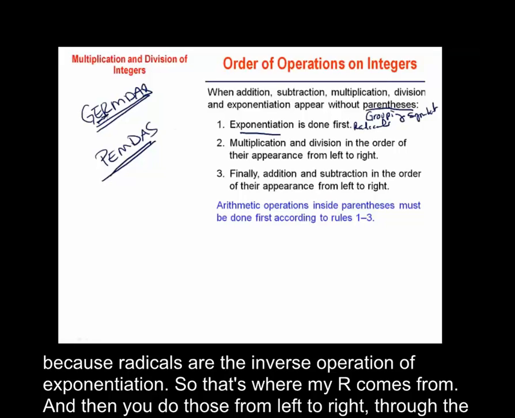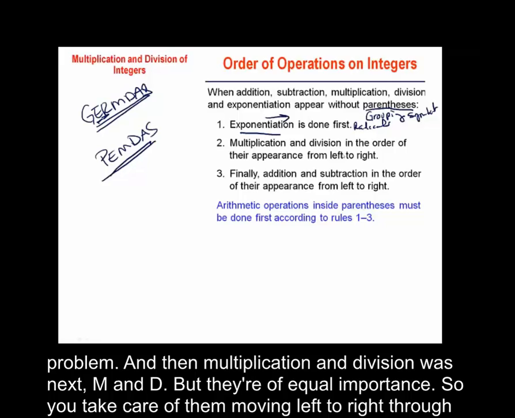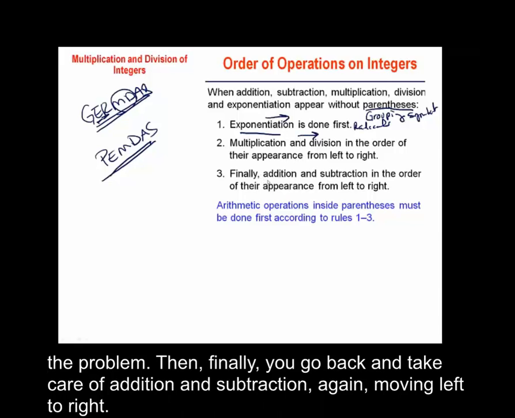So that's where my R comes from. And then you do those left to right through the problem. And then multiplication and division is what's next, M and D. But they're of equal importance, so you take care of them moving left to right through the problem. And then finally you go back and take care of addition and subtraction, again moving left to right.